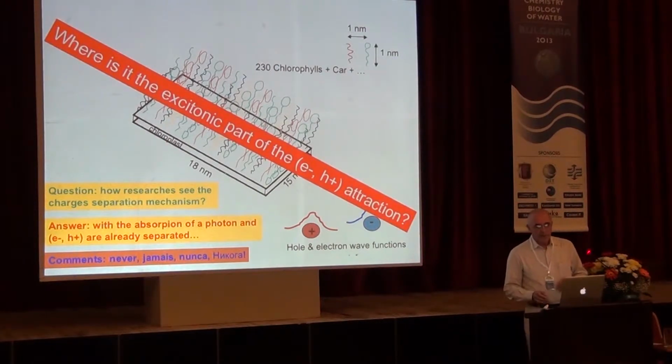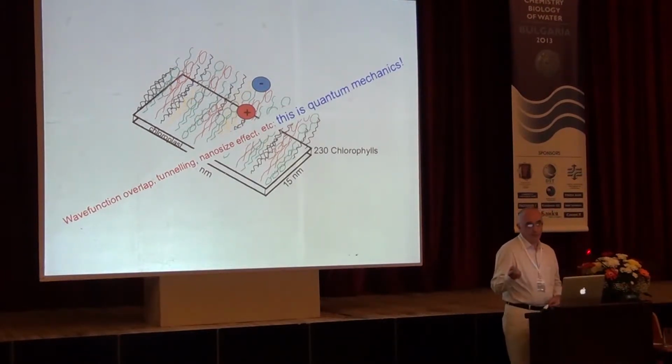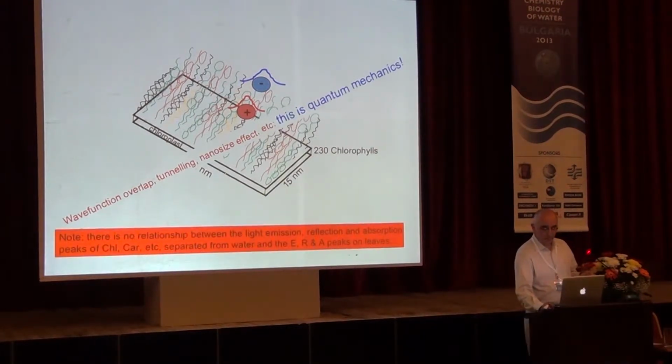So this Coulombic attraction must be considered, and the nano size of the proteins has to be considered. When these molecules absorb light, you have the negative and the positive at the same time. You have to consider the wave function, because this is quantum mechanics; at nanometer size you have to take it into consideration.